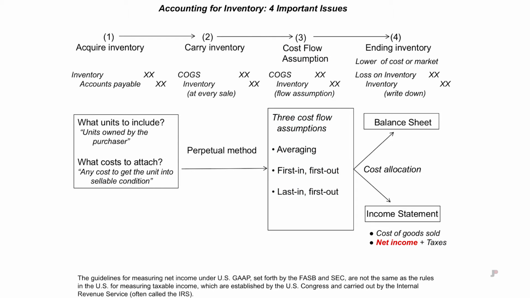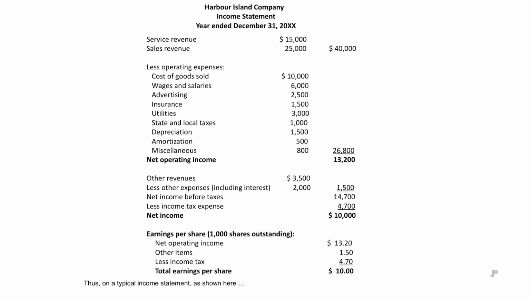The guidelines for measuring net income under U.S. GAAP, set forth by the FASB and the SEC, are not the same as the rules in the U.S. for measuring taxable income, which are established by the U.S. Congress and carried out by the Internal Revenue Service, often called the IRS.